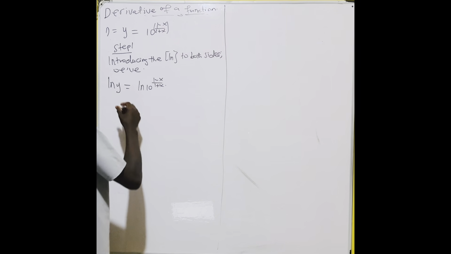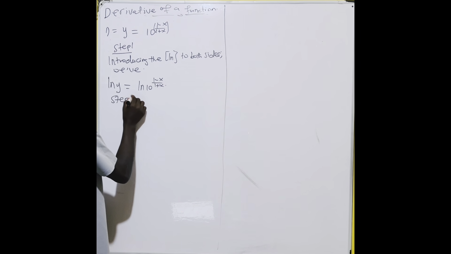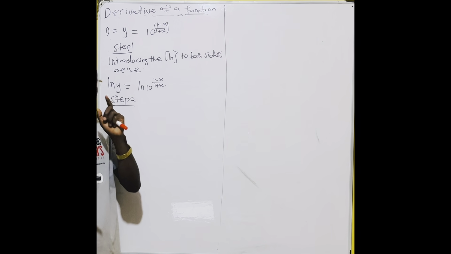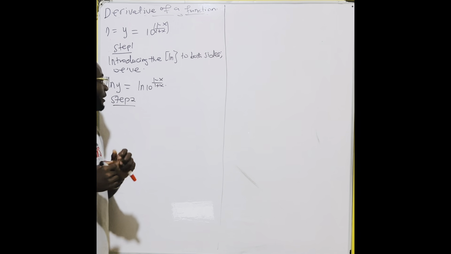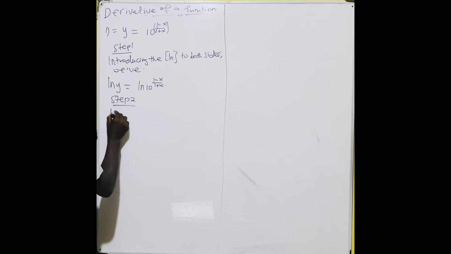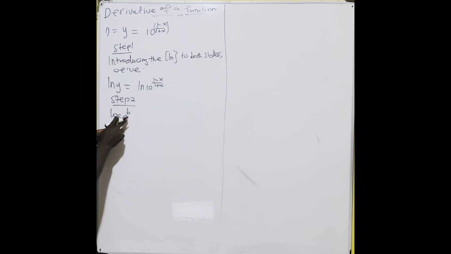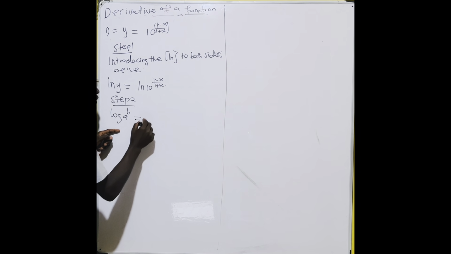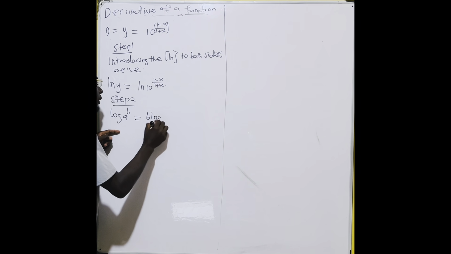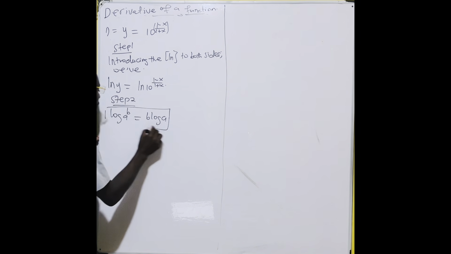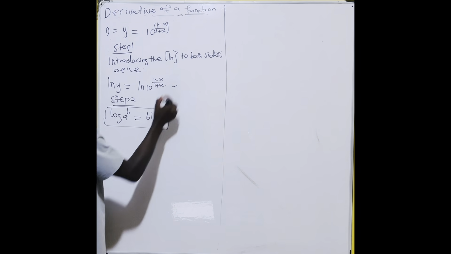Now, step 2. Recall that one of the properties of logarithm says that if you have log a to the power b, or log a exponent b, then it is equal to b log a, right? So this property is going to help us at this section.